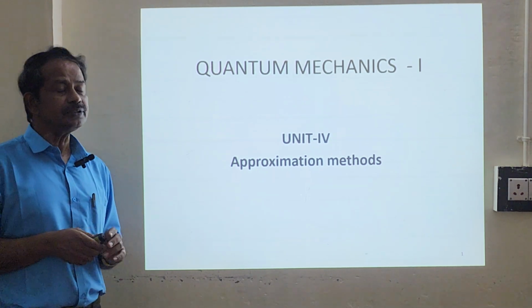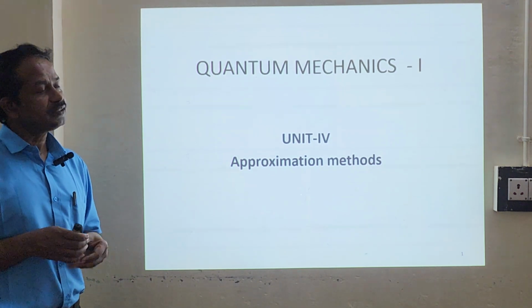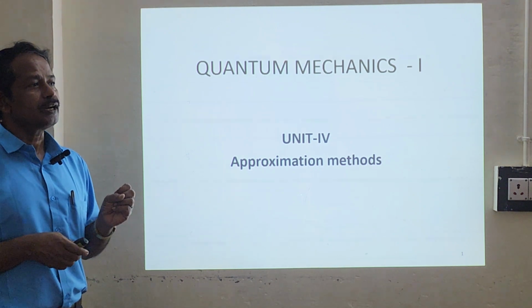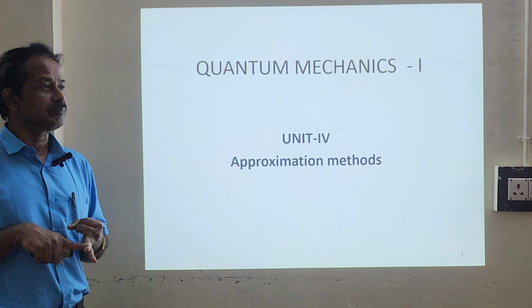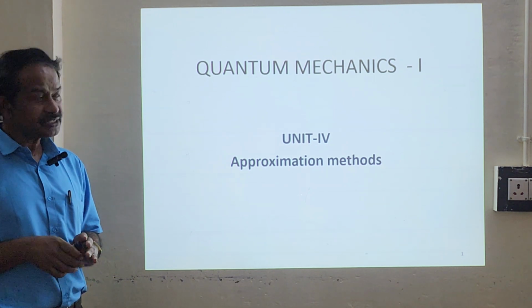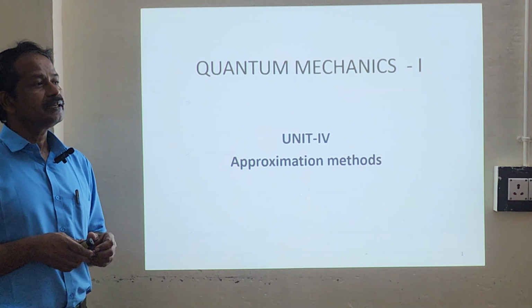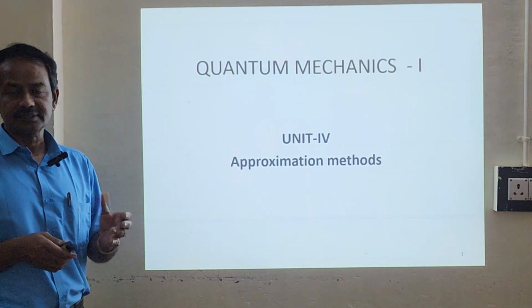So we are going to look into this perturbation system today, and this is for the stationary states. We are going to have 2 types of perturbation. One is time dependent, another one is time independent perturbation. In this semester, in quantum mechanics 1, we are going to look into only time independent perturbation systems, stationary systems.